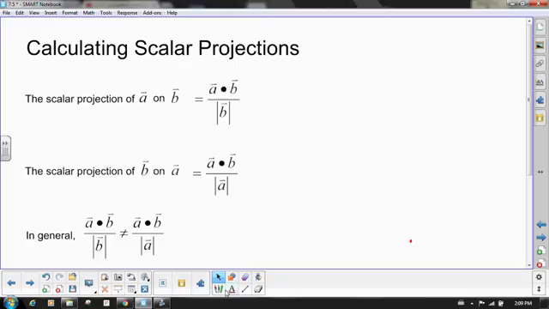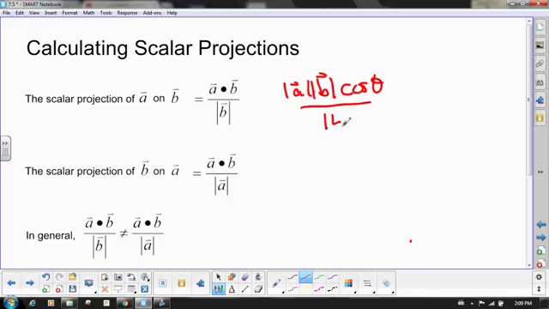Now if I simplify that a little bit, and we talked about the projection being the shadow, A dot B can be written as the magnitude of A times the magnitude of B cosine theta, all over the magnitude of B. Mathematically, the B's cancel out, and you're left with the magnitude of A cos theta.